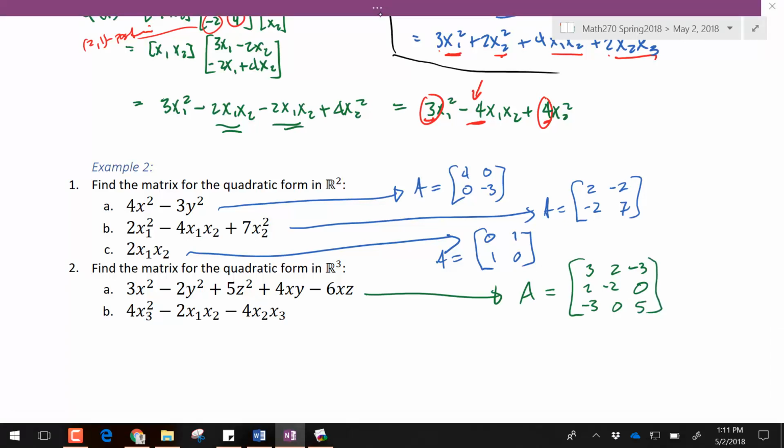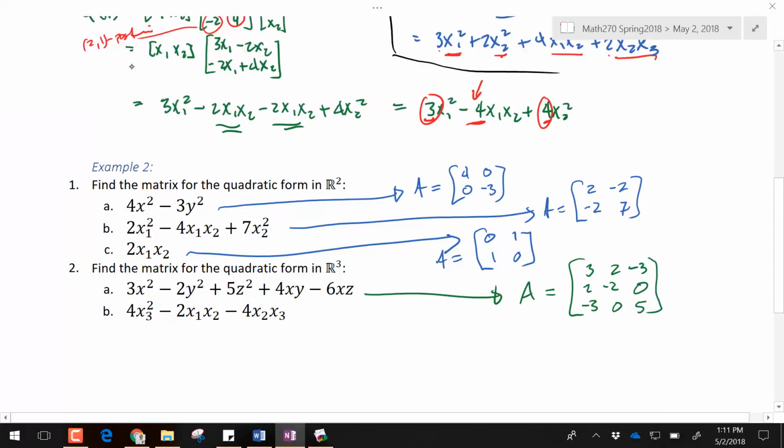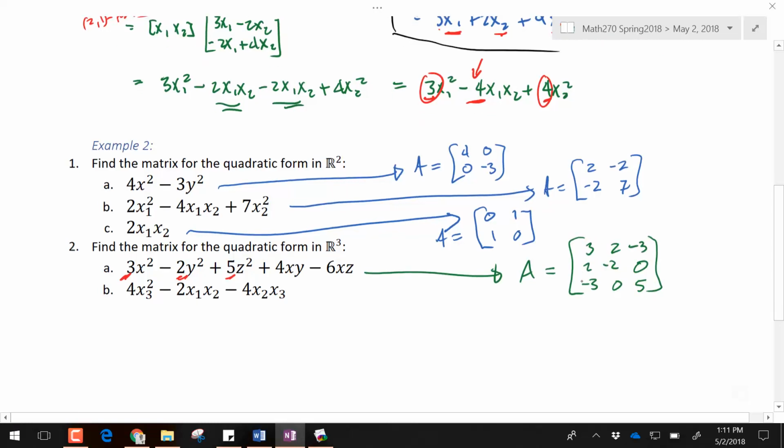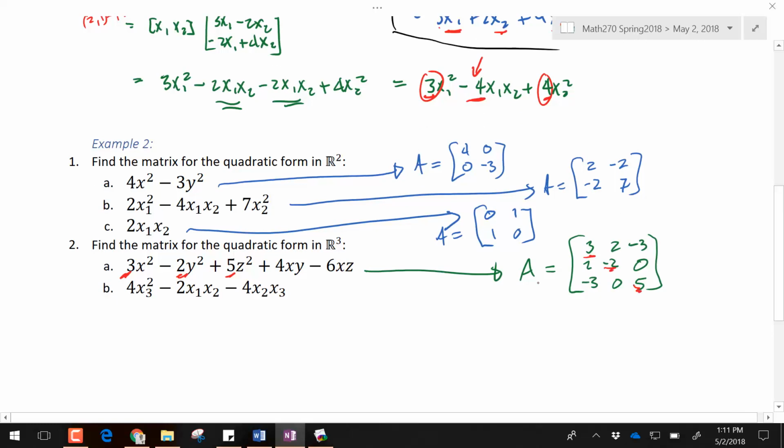So again, the diagonals here are the coefficients of the x squared, y squared, and z squared. And then all the other terms, this is x and the y, so this is the 1 spot and the 2 spot.